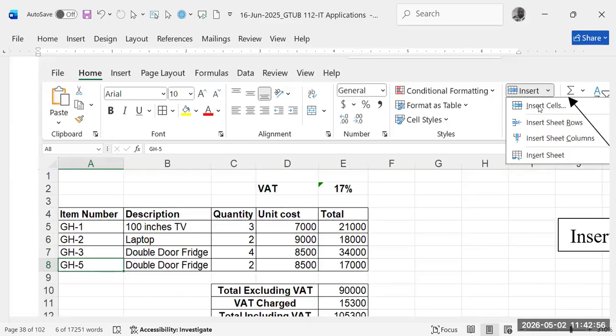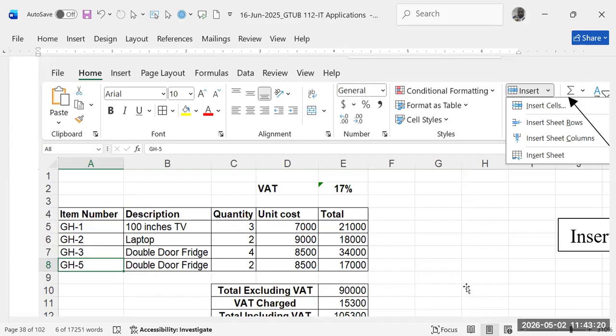Take your time. Have you seen E10? E10 is here. So please let someone help.